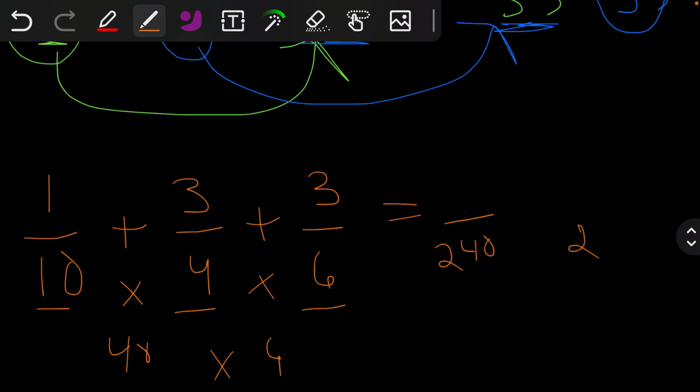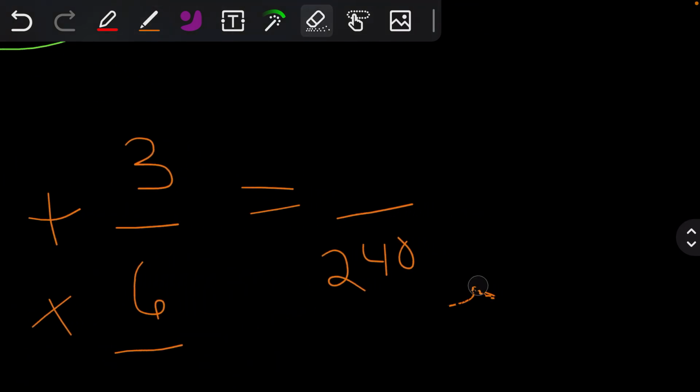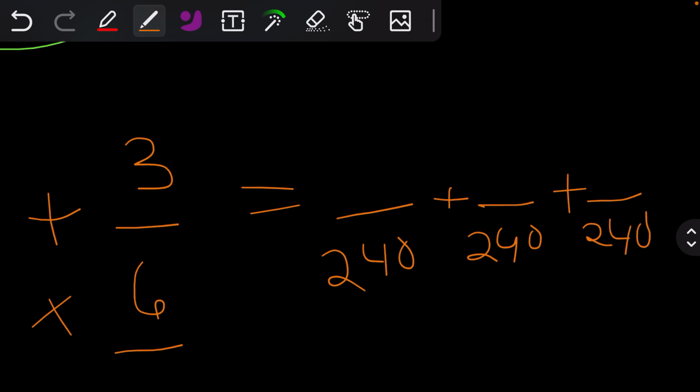And so we're going to write 240 for all three of these fractions. Plus 240.